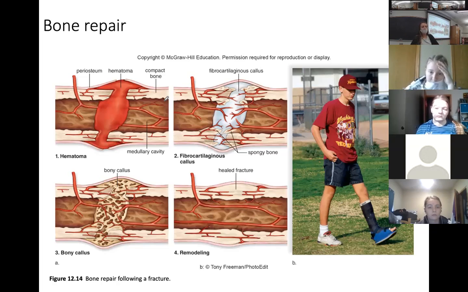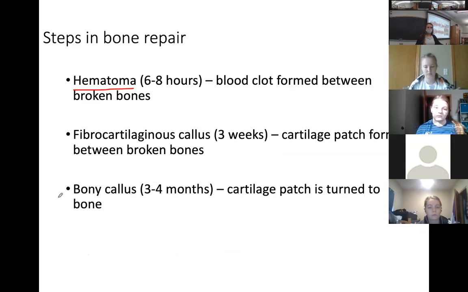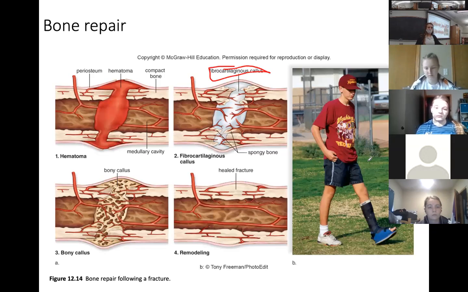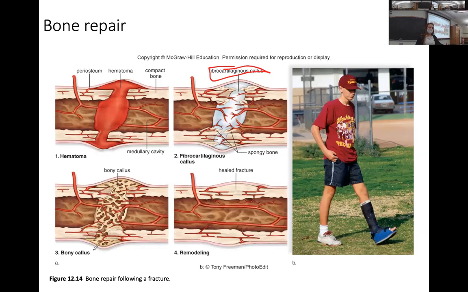Then you have the fibrocartilaginous callus, that second step here, and it makes a hard, cartilage-like substance. That's the transition between making new bone. Then we have the bony callus, and then remodeling and the healed structure.